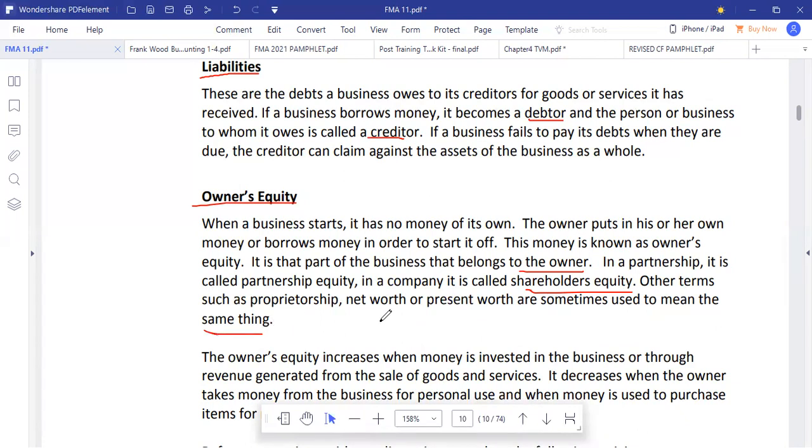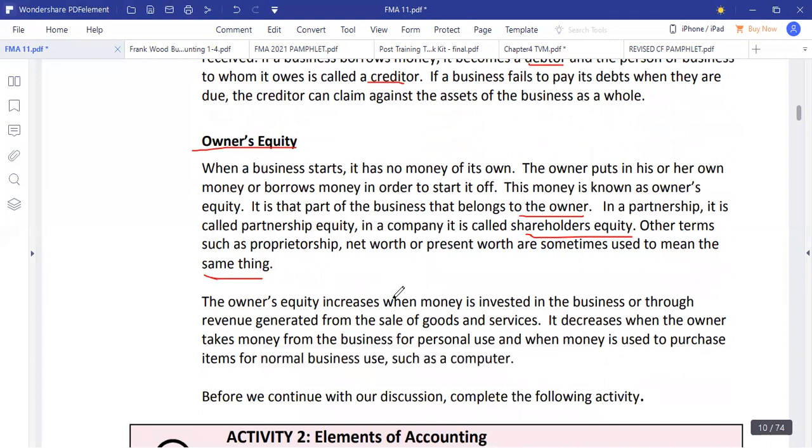So owner's equity increases when the money invested in the business is increased, or through revenue generated through sales. Sometimes owner's equity will decrease when the owner withdraws for personal use. Those withdrawals are called drawings. So drawings will reduce the owner's equity or the capital. So when we decide to open a canteen and we take the mini meal and decide to use it for home consumption, it is called a drawing.